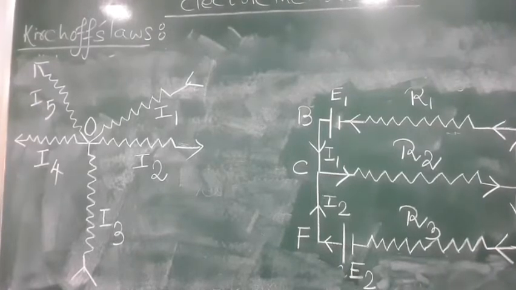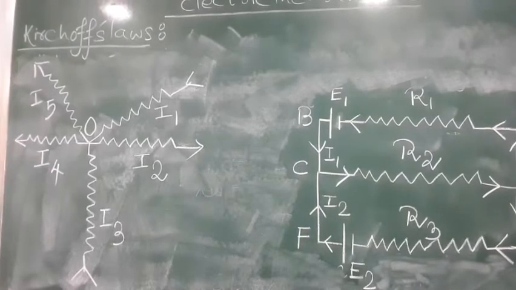Yes, see the direction of the arrow, I1 and I3, they are entering the circuit and meeting at the junction O, whereas I2, I4 and I5 are leaving the circuit. That is, I2, I4 and I5 are moving away from the junction O, that is, they are leaving the circuit.